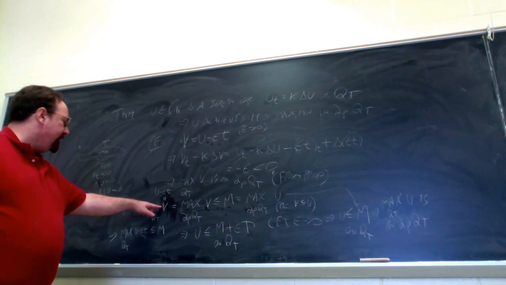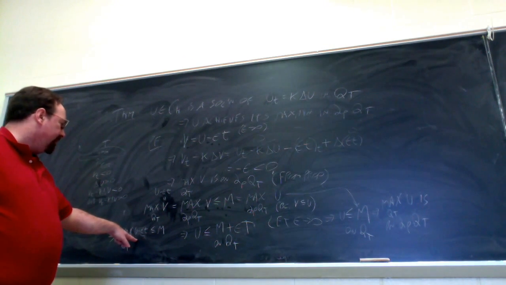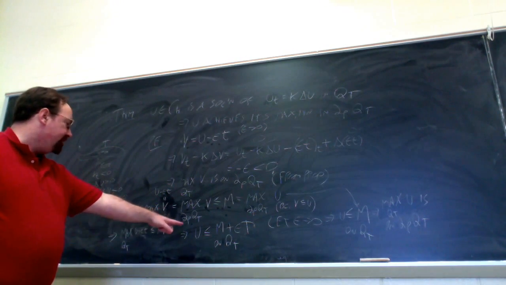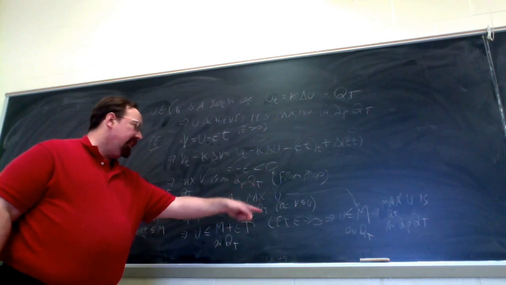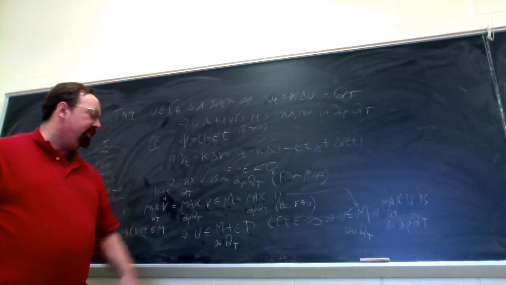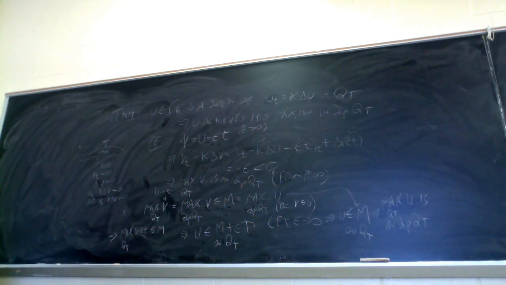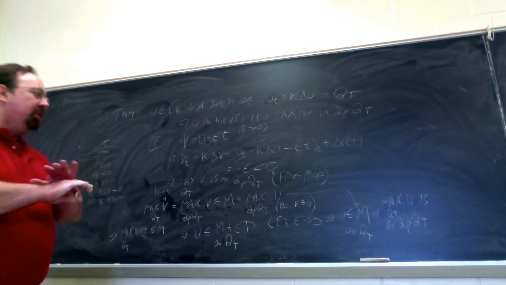But because of how V is defined, I have this relationship now on the whole domain. Rearrange, so U is bounded by this. Let epsilon go to 0, and I get U is less than or equal to M, not just on the parabolic boundary where I defined it, but on the entire domain.